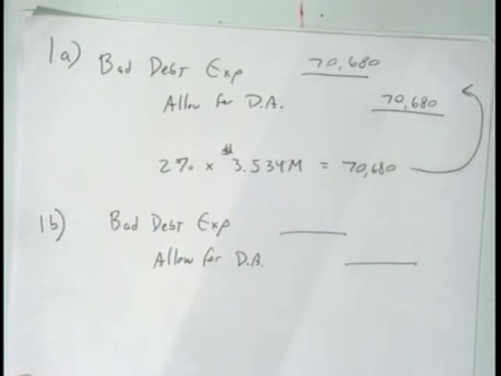We just need to know what number goes in that blank. This is 1% of total sales. They told us cash sales are 1,803,750 and credit sales are 3.534 million. So what do total sales equal?